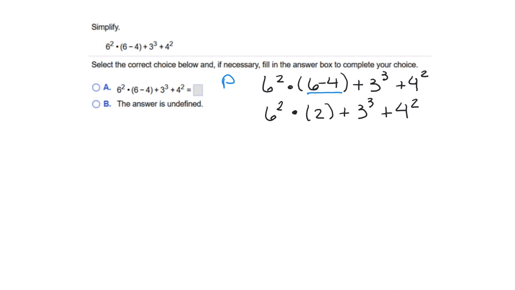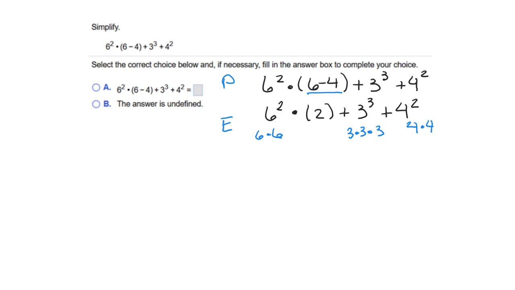All right, the next step, after we've handled our parentheses and narrowed it down to one number, we're going to look at our exponents. So all of these exponents here: the 6 to the second power means 6 times 6. The 3 to the third power means 3 times 3 times 3. And 4 squared, or 4 to the second power, is just 4 times 4.